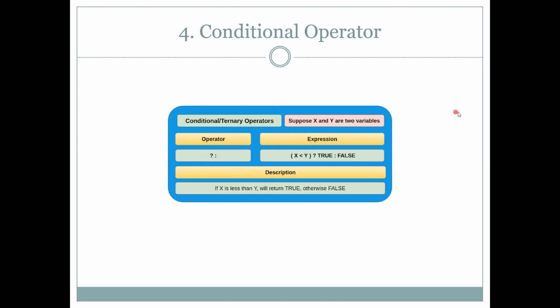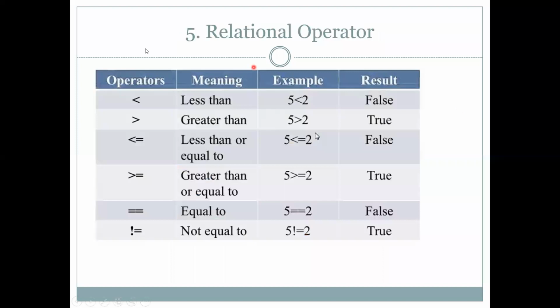And the next operator is the relational operator. The relational operator defines the relationship between two variables. All the C++ relational operators are binary operators, and hence they require two operands. A relational expression is made up of two arithmetic expressions connected by the relational operator.